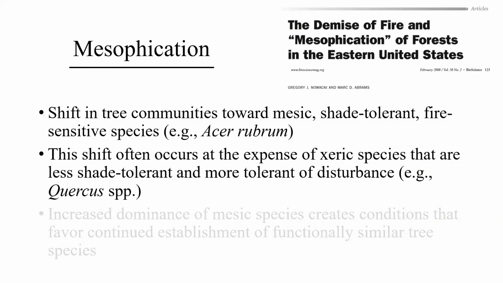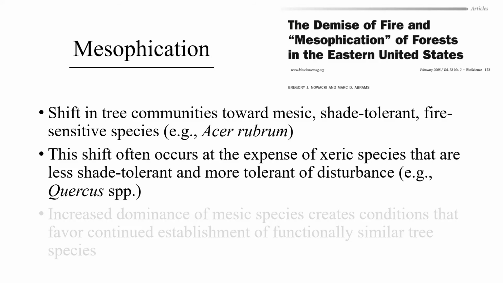Concern over this general trend and transition in the composition of our forests is related to several factors, including the potential that this transition is self-reinforcing. That's normally what we think of when we think of the term mesophication. It's related to the self-reinforcing aspect of this transitional change.